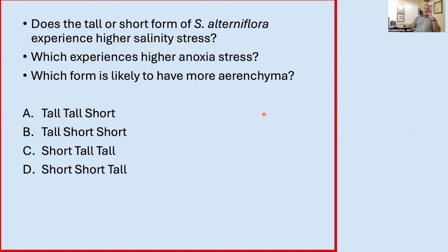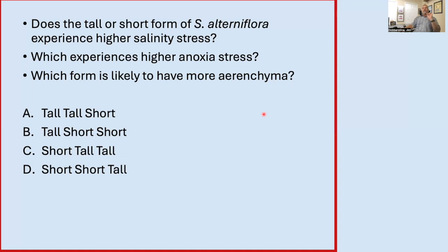so if you think about this, salinity stress is going to occur at higher elevations, those mid-marsh elevations typically, or in very saline environments. So that's typically going to be the short form, right?